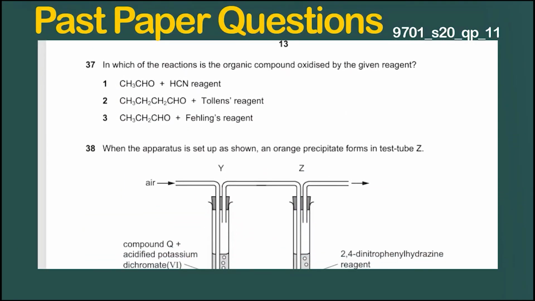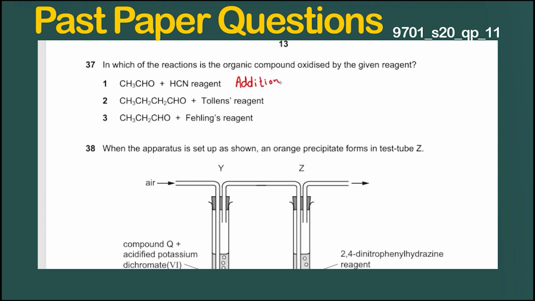Question number 37 now. In which of the following reactions is an organic compound oxidized by the given reagent? CH3CHO is reacting with HCN reagent. So beta ji, this will be an addition reaction, okay. This is only the addition reaction.